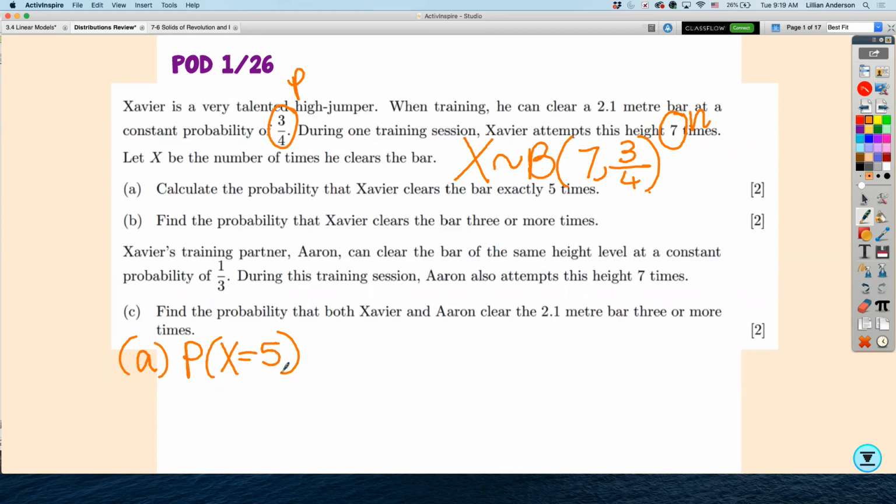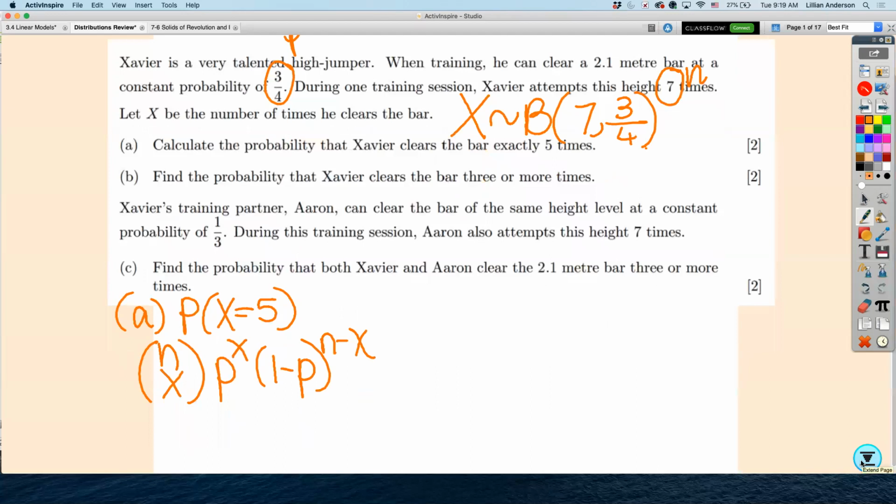By hand, you use the formula that is n choose x, p to the x, (1 minus p) to the n minus x. That was the formula that you guys learned about last week. This is how you did it by hand. As we can see from our problem, n is 7, x is 5, because we're trying to figure out him clearing it exactly 5 times.